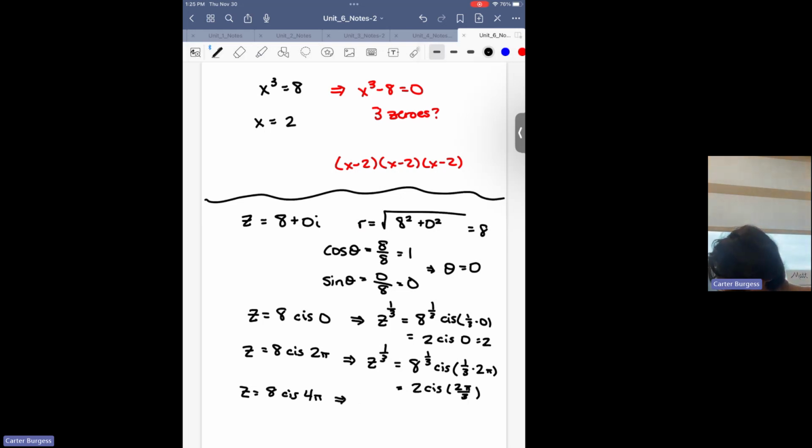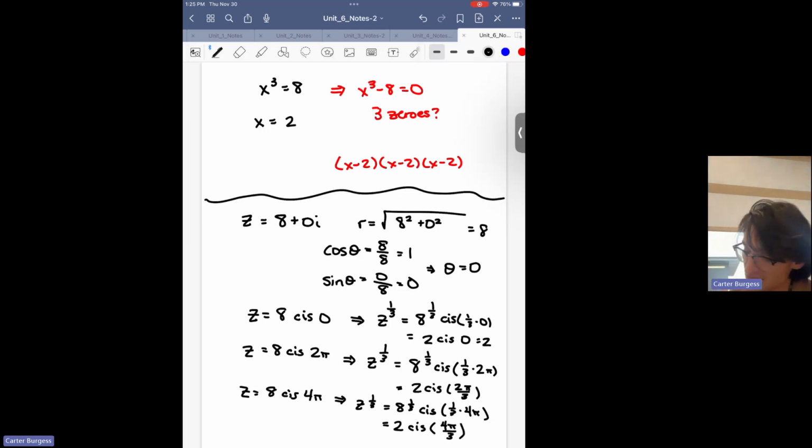This will get us z to the 1/3, or we're taking z to the 1/3. This is 8 to the 1/3 CIS of 1/3 times 4 pi. I get that this is 2 CIS of 4 pi over 3. Again, a brand new solution. And these are our 3 solutions. Our 3 cube roots.